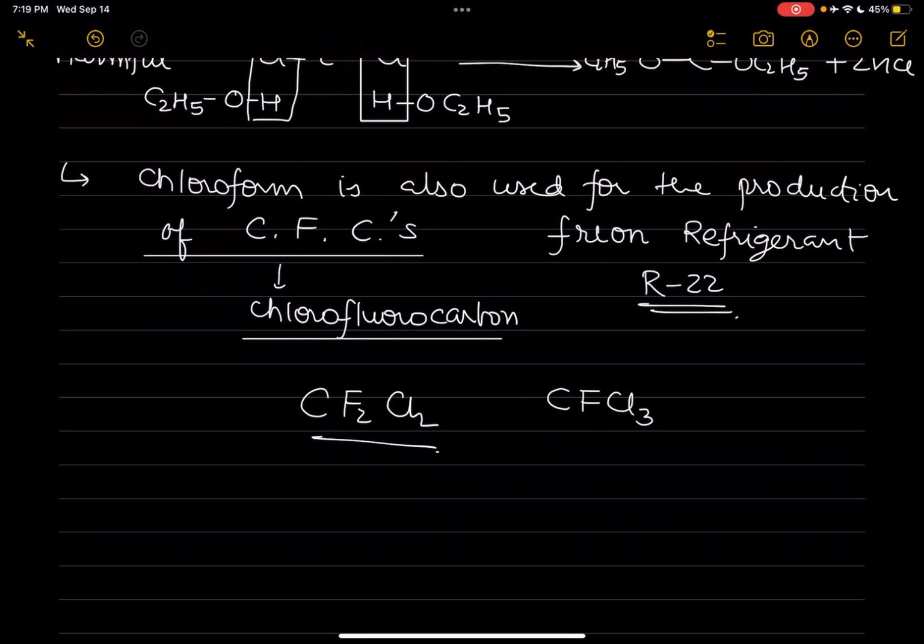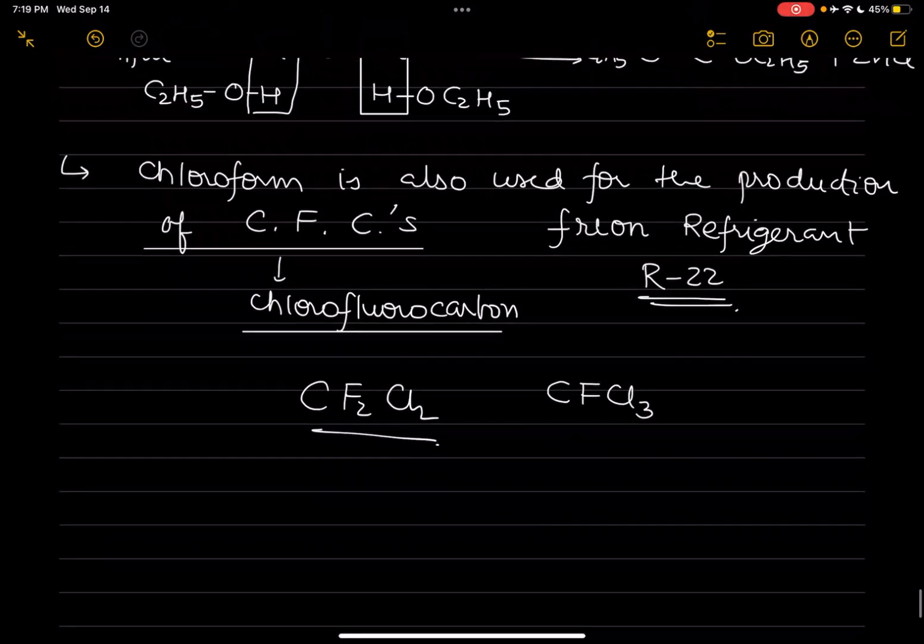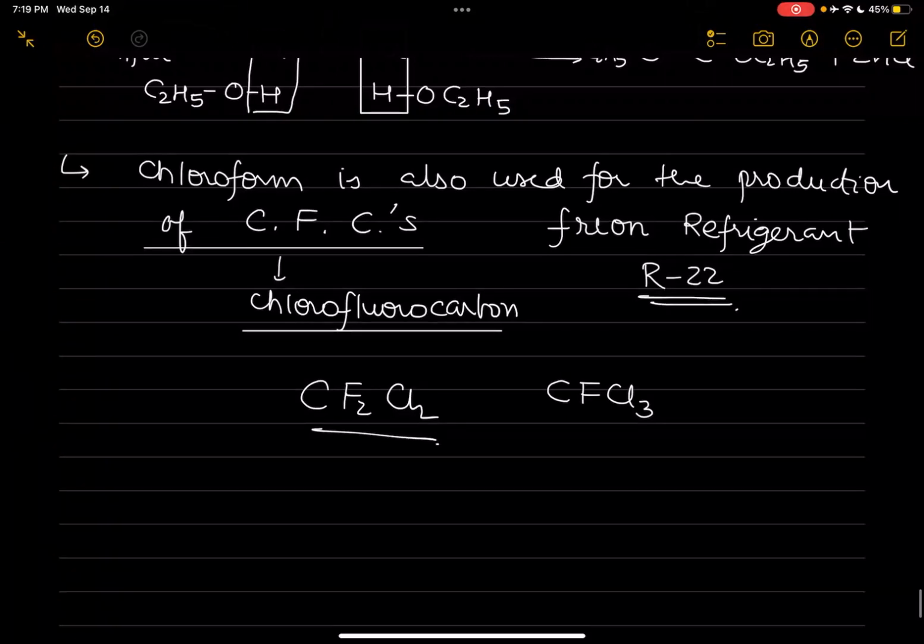So refrigerant also we use it. In a refrigerator also we see that at the back there is a compressor at the bottom, which circulates this cooling fluid. Is it clear to all of you? Yes, sir.